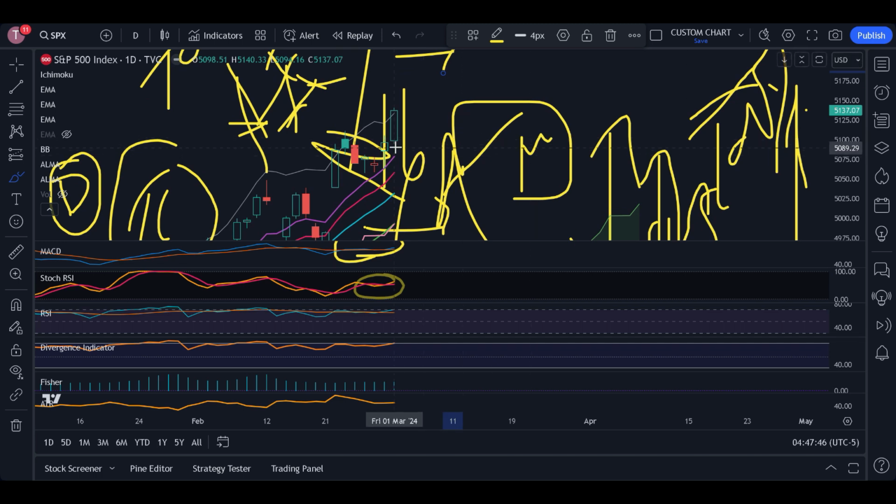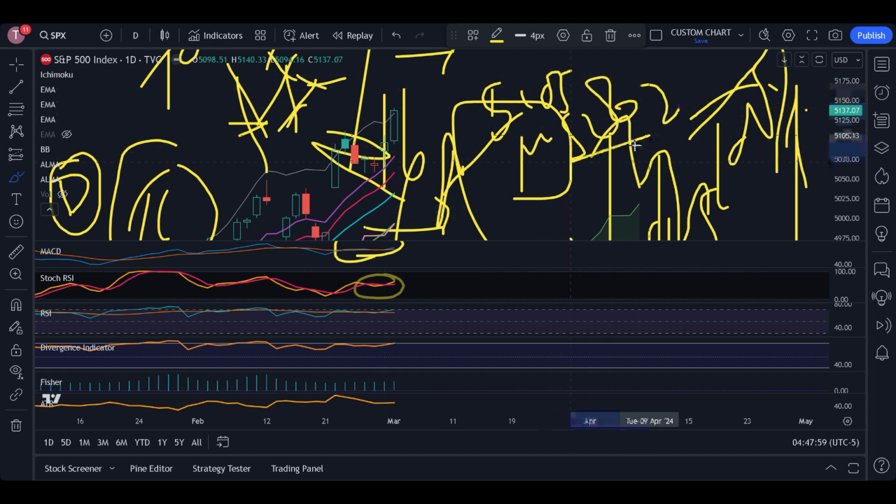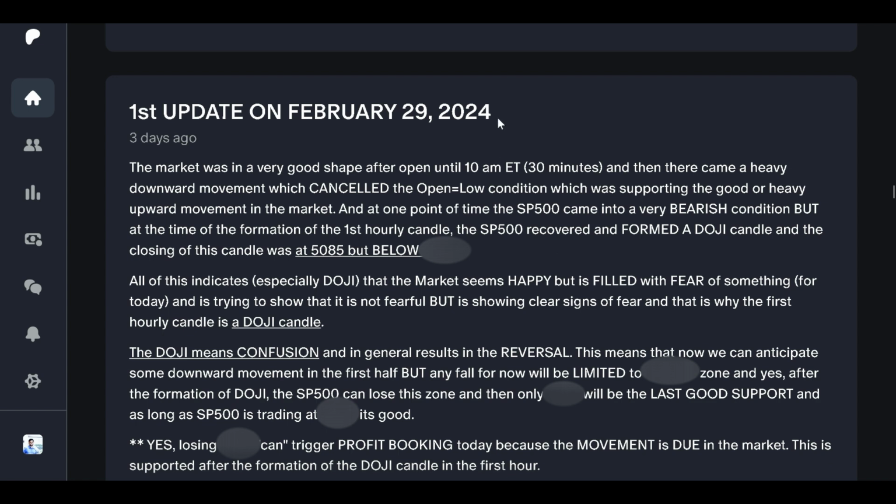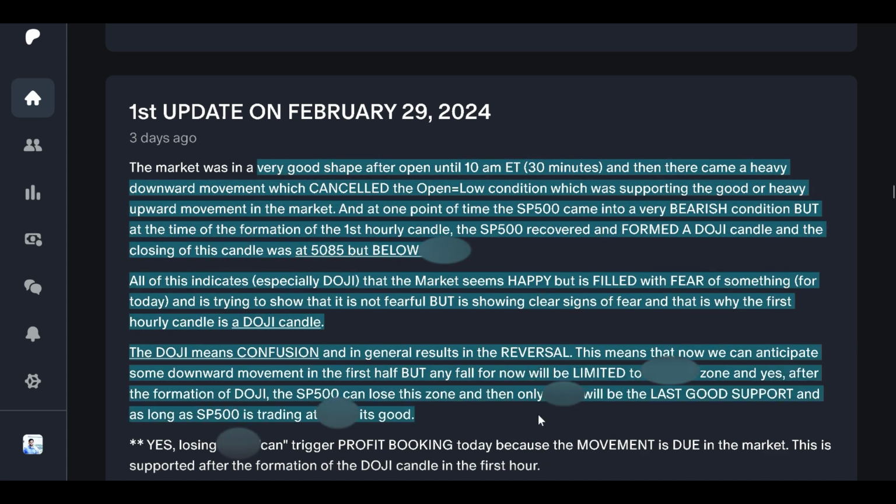And if you notice, on this particular day, February 29th, the S&P 500 moved up to 5105 and it came down to 5062 on Thursday. You'll be surprised to know that in my first update, published around 10:30 or 10:40 a.m. Eastern time, just 1 hour after the market opens, I had cleared everything.